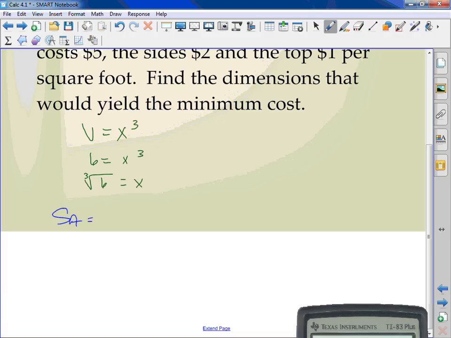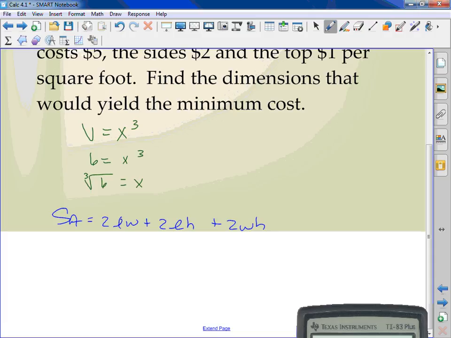Surface area, the formula. Now, surface area, this wasn't on your test or quiz. It's 2LW plus 2LH plus 2WH. Those are the three. But what do I know about all of this here? That's 2LW.